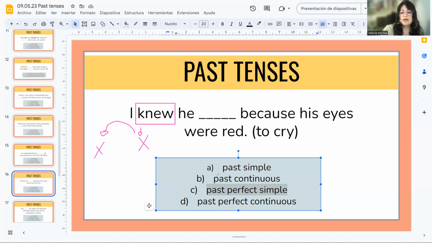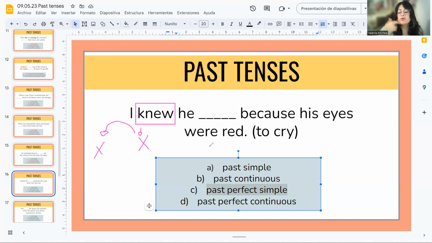Then we have the option of past continuous. I knew he was crying because his eyes were red. It doesn't make a lot of sense because when you say he was crying, it's like when you knew, you saw him crying.